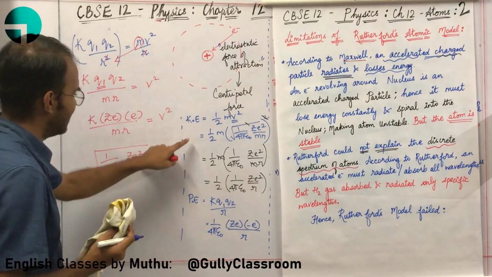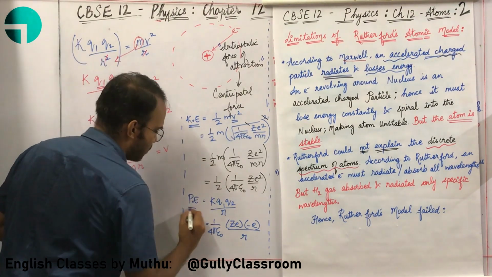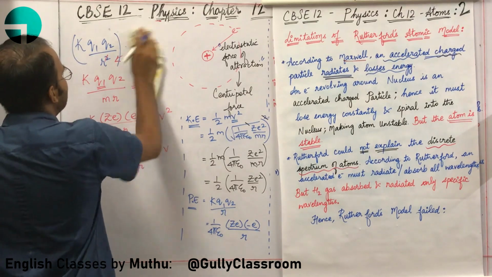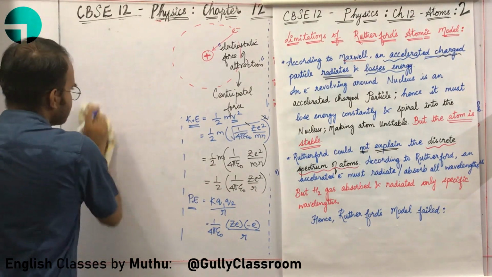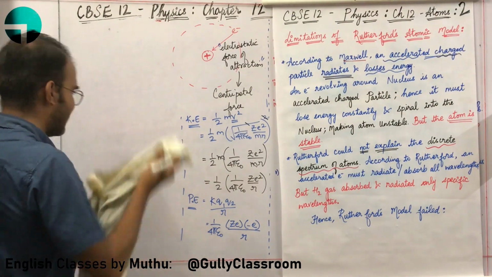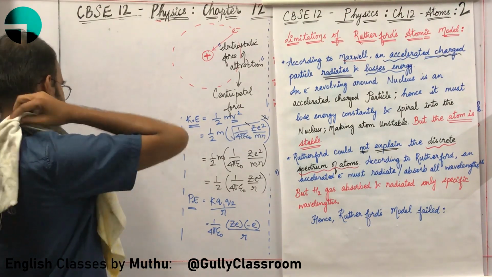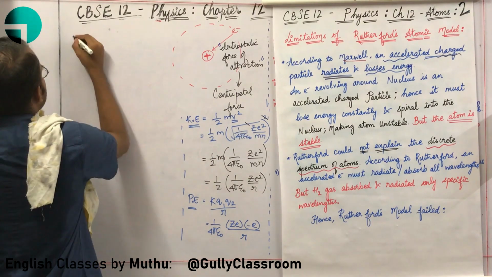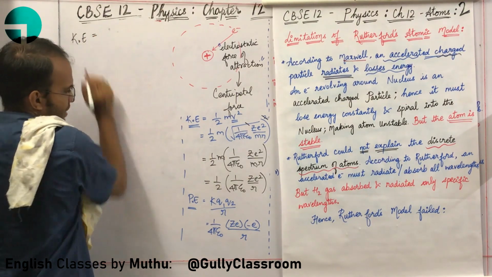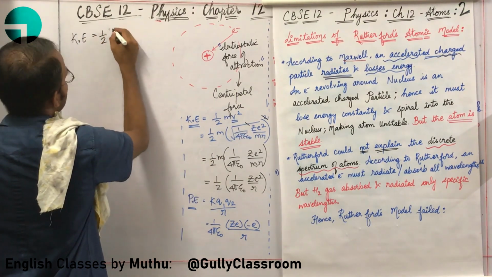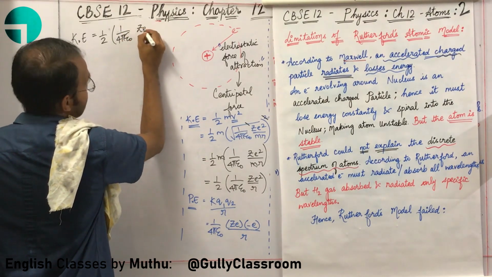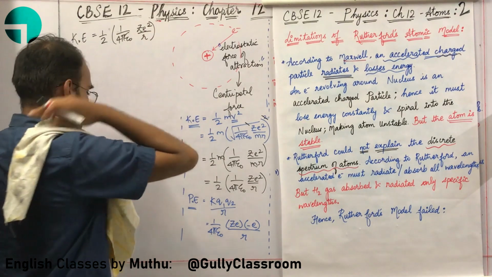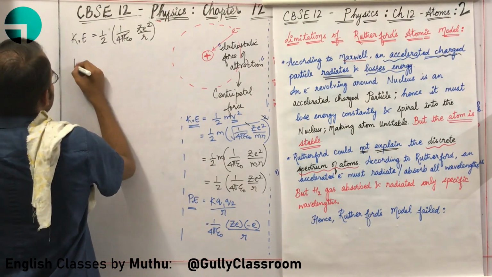So can I try to write kinetic energy and potential energy over here? First, let me write what is my kinetic energy. Kinetic energy can be written as 1 by 2 into 1 divided by 4 pi epsilon naught Ze square divided by R. What about potential energy?